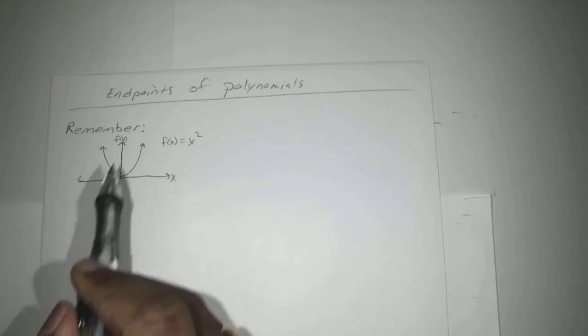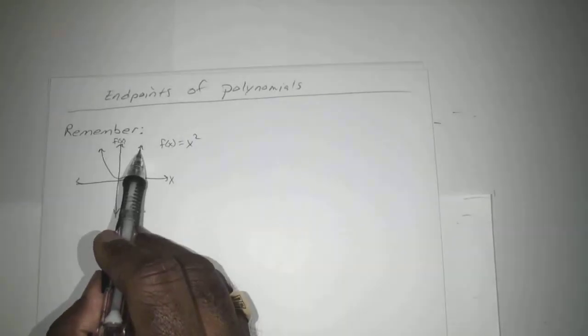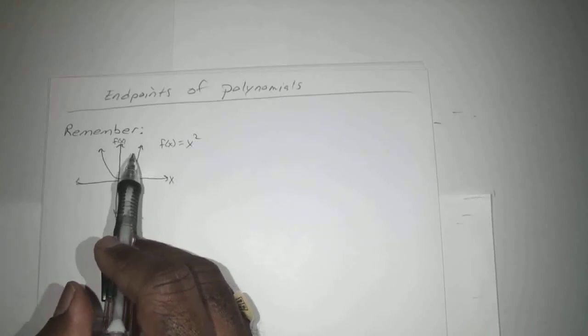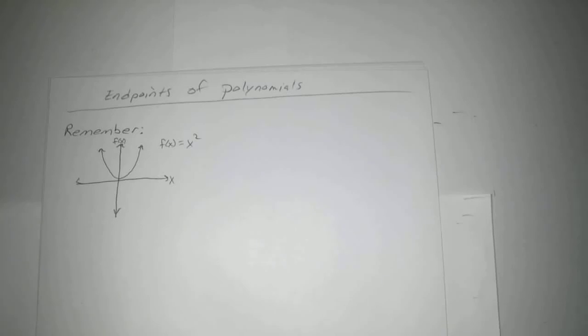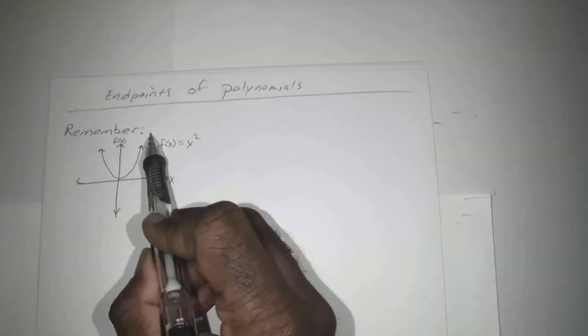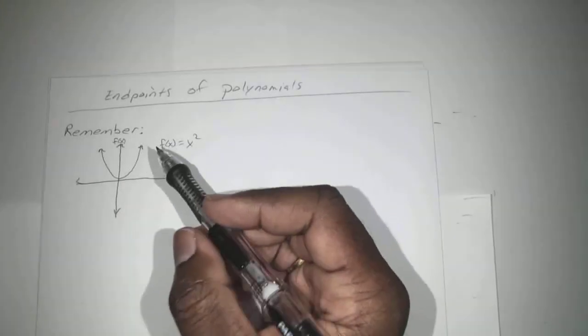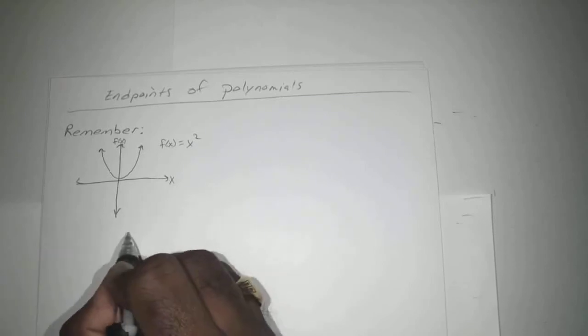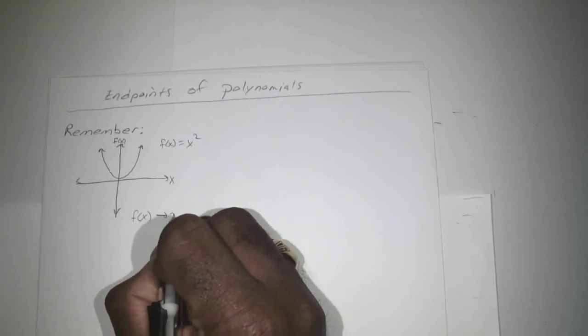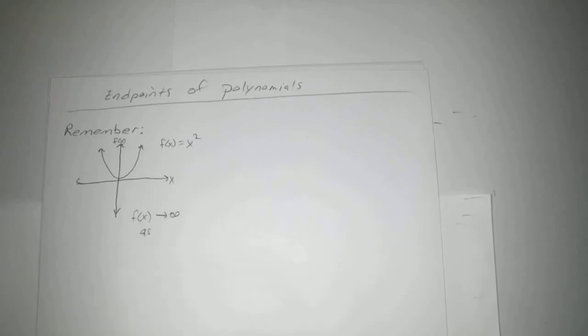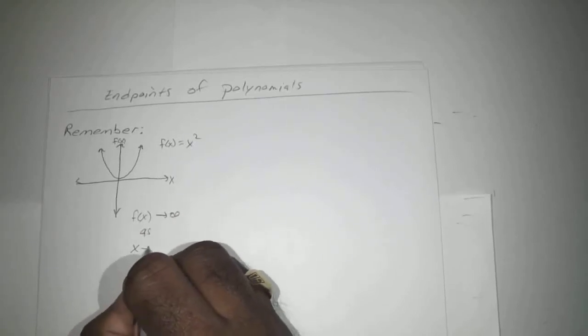Now the one thing you notice about the end behavior here is that as x is getting bigger, this is going up and to the right. So f of x is getting bigger as x is getting bigger. So f of x approaches infinity as x approaches infinity.